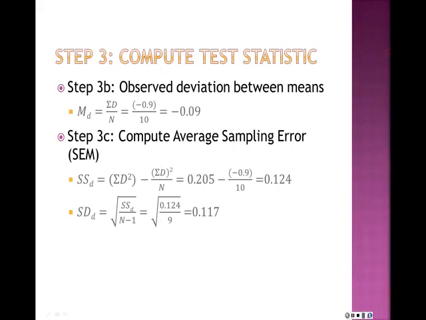Using this calculation, we can find our standard deviation of the deviation score, which is 0.117. And using both of these above, we find our standard error of the mean using this formula here, which is 0.037.